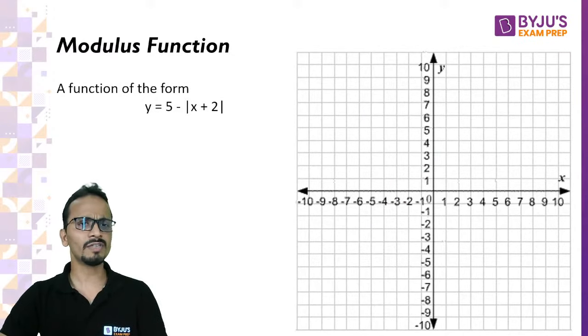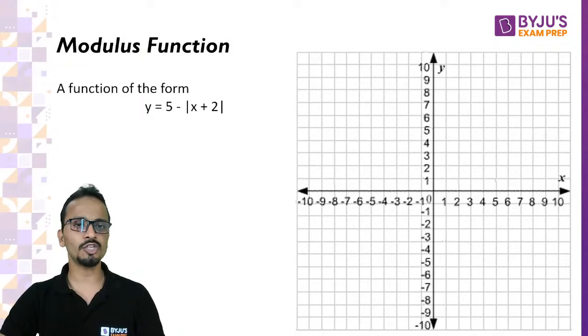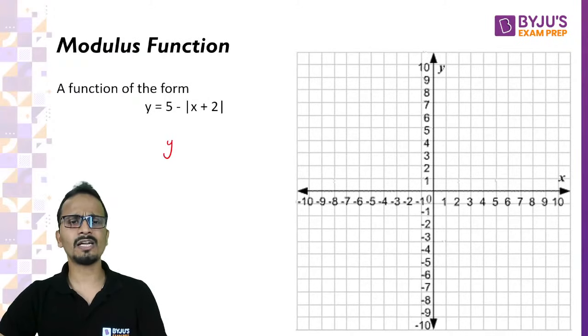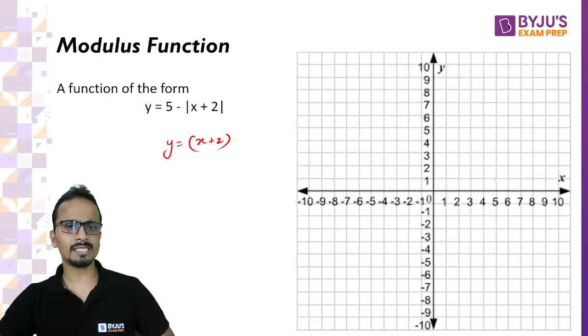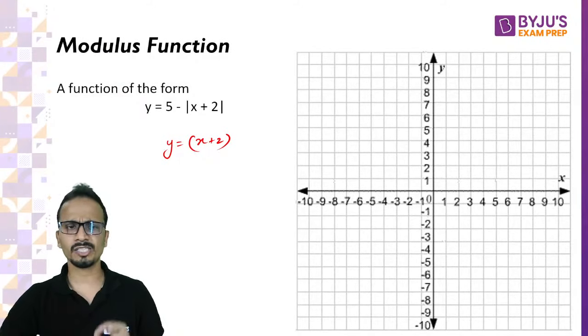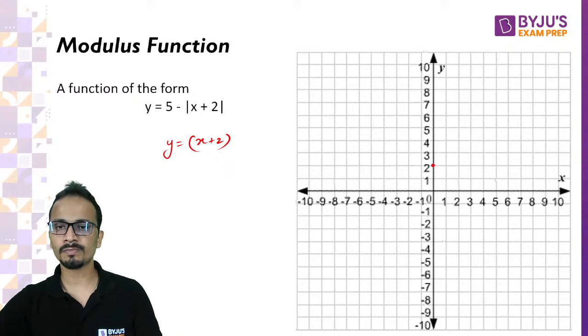So now I have to plot the graph for y equal to 5 minus modulus of x plus 2. In this case I'll start with y equal to x plus 2. So let's plot this straight line. When x equal to 0, the value of y will be 2.